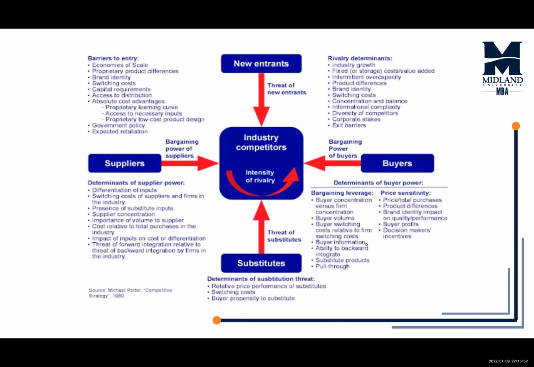have to go through. As well, when we look at suppliers, what helps determine supplier power? It is that differentiation of inputs. So does that supplier have a very differentiated product that you cannot easily source from a different supplier, and that particular input is integral to your particular product?